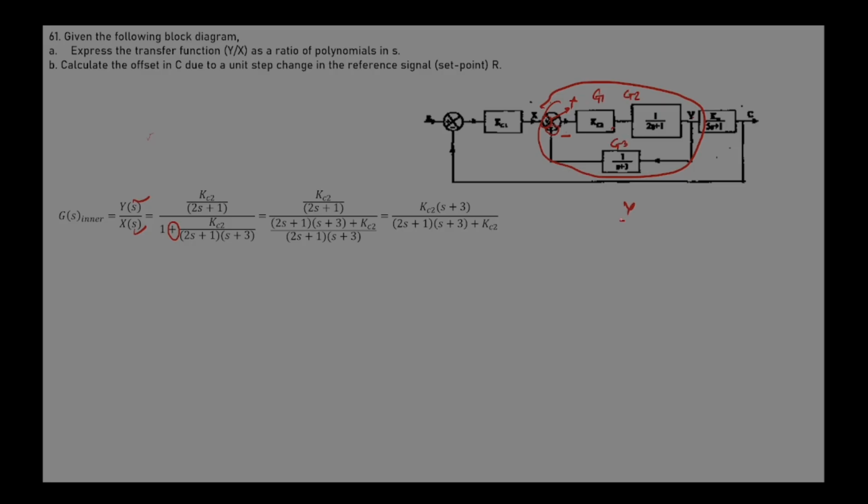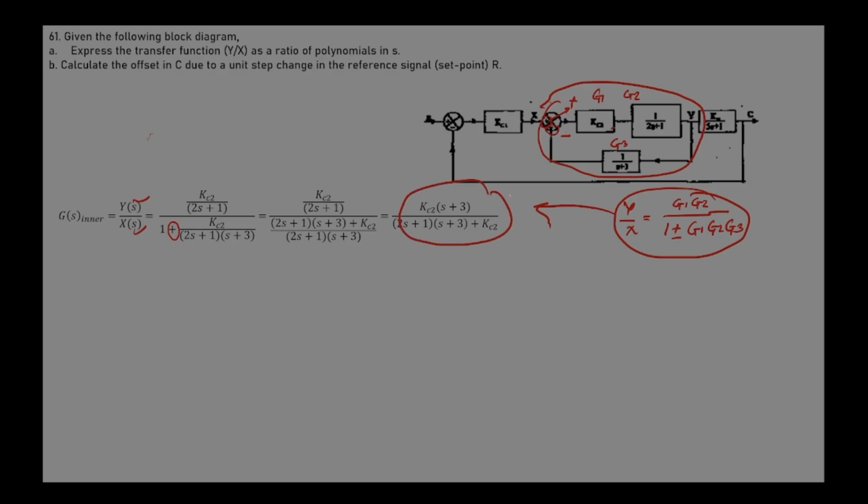So Y upon X will be G1 G2 upon 1 plus or minus G1 G2 G3. If it is minus, then plus will come; if it is plus, then minus will come. So this is the formula. I have applied this formula and I'll get this.